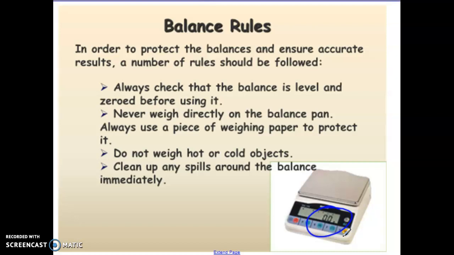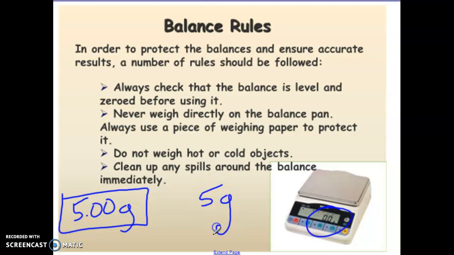But it's important to note, let's say you're doing a lab in person and the reading was 5.00 grams on the scale. You must write down 5.00 grams. For some reason, students like to just say, oh, okay, it was 5 grams. But when you're doing your lab report later on, 5 grams is like a rounded answer. Well, was it 5.11 grams and you rounded it to 5?